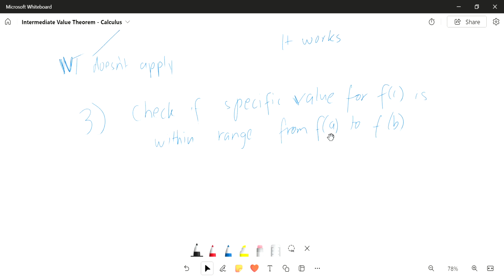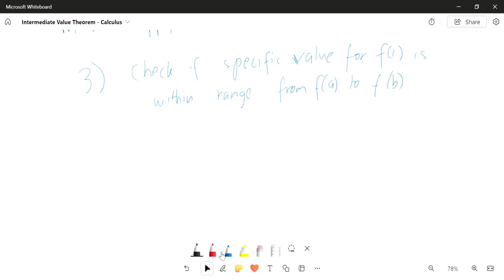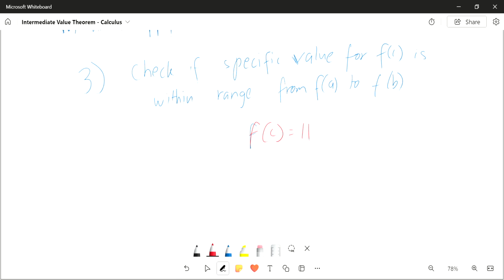I may have sounded confusing when explaining this, but I'll give you an example to make it a bit easier to understand. Say, for example, you're trying to see if the value 11 is in a certain range. So that means f of c is equal to 11. And you're going from the interval 2 to 9.